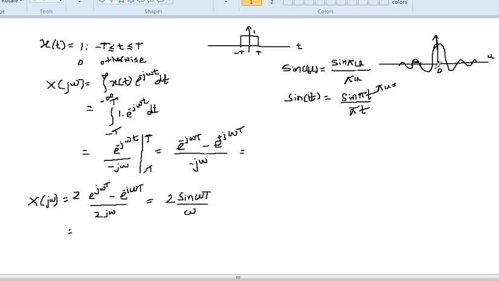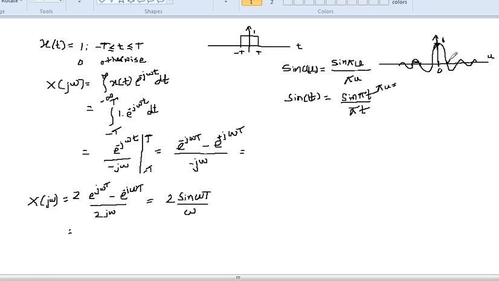We should remember that it takes the highest value at u equal to 0. When u is equal to 0, its value is 1. The sinc function takes its highest value, that is 1, when u is 0.